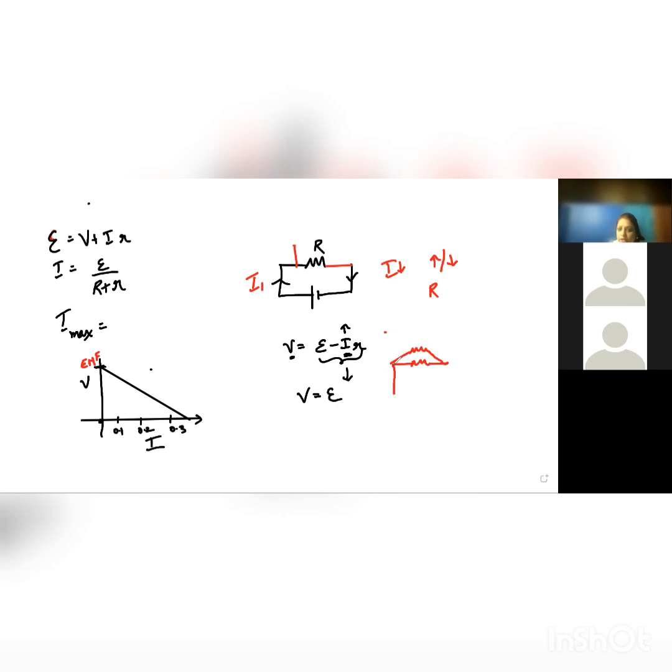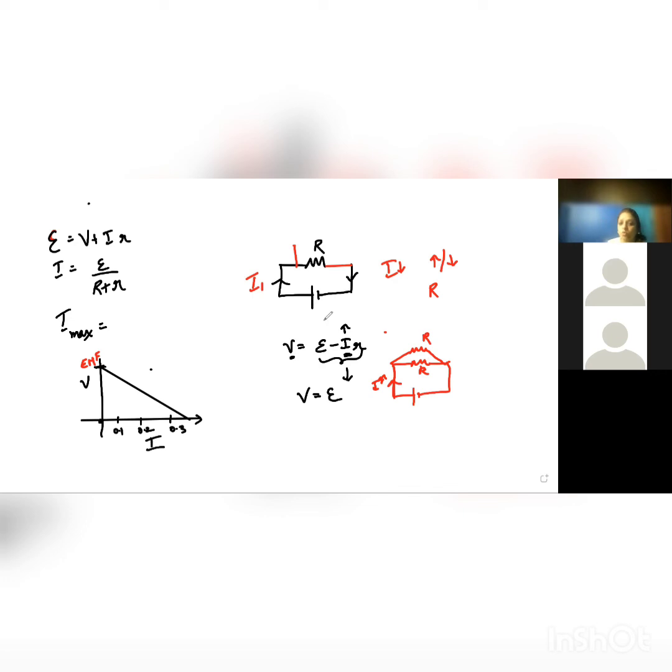Now the current in the circuit will increase because for resistors in parallel the resistance will decrease. It will become R by 2, where here it was 2R. So current will increase. More and more, if I go on putting it in parallel, the resistance is going to go on decreasing, and I'm going to keep drawing more current.